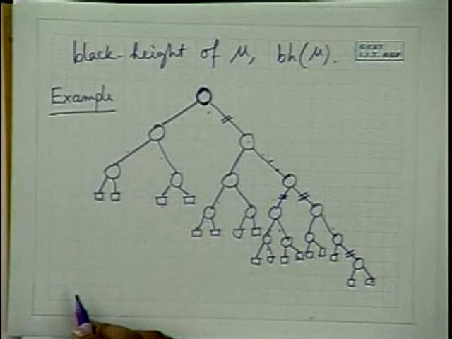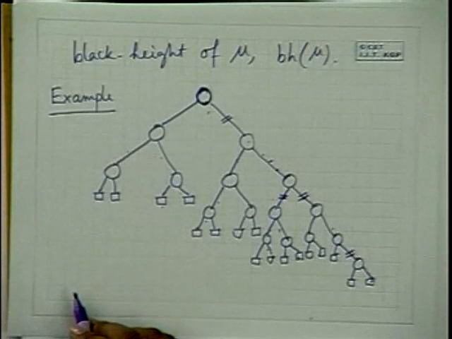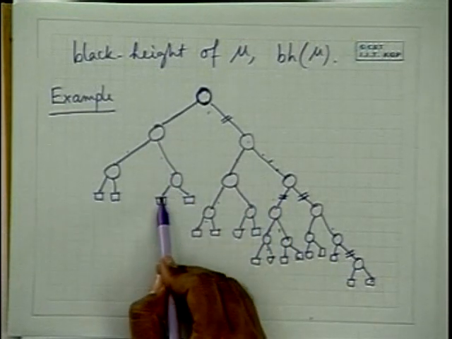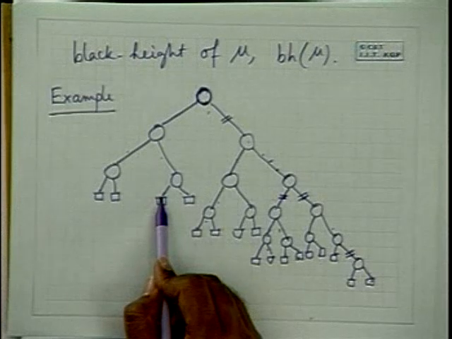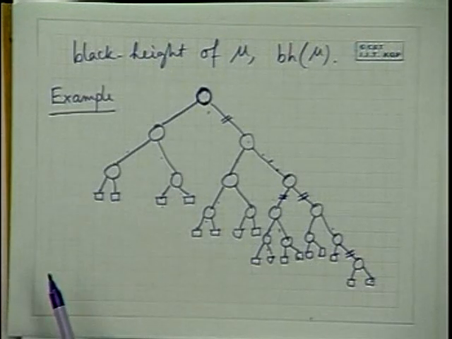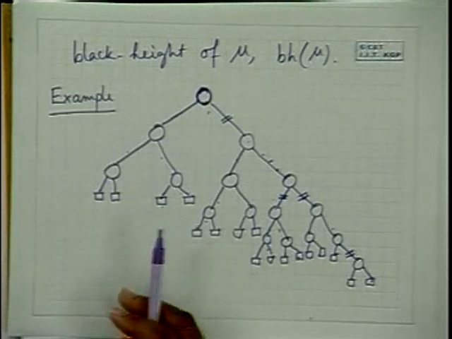Now you can see the longest path in this tree to any leaf has at most twice the length of the shortest path to any leaf. It has to be, because the shortest path can have all the edges black, and the longest path has to have the same number of black edges because of the third condition.